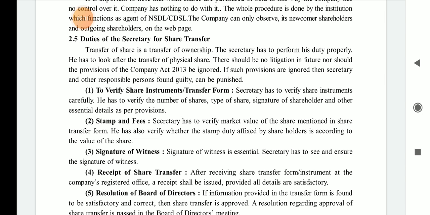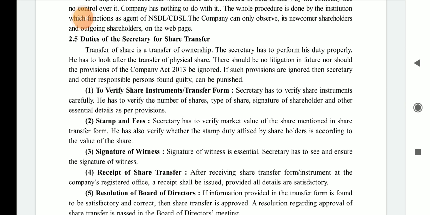That's why the company secretary has to perform his duty perfectly regarding the share transfer procedure. If such provisions are ignored, then the secretary and other responsible persons found guilty can be punished.